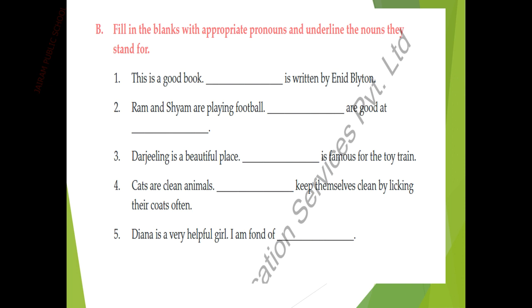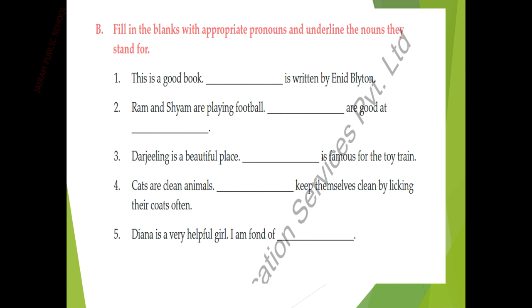Number 2. Ram and Shyam are playing football. Dash are good at dash. In the first sentence, Ram and Shyam, both of them are names of persons, which is called a noun. Also, we should use the plural form they.